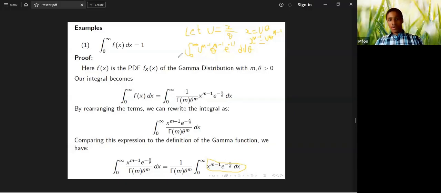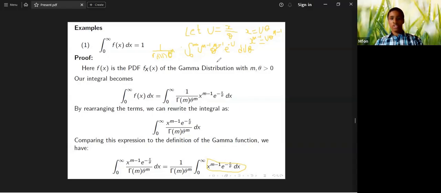So once we do this, we know that the left-hand part is 1 over gamma m times theta raised to m. From here, we see that the theta multiplications and theta raised to m will cancel out.